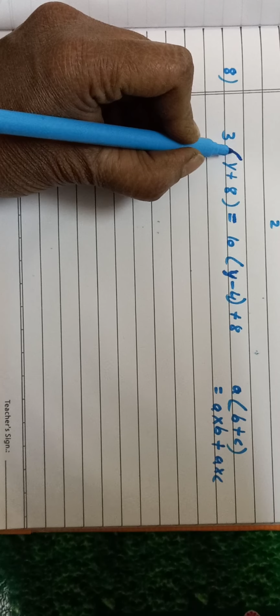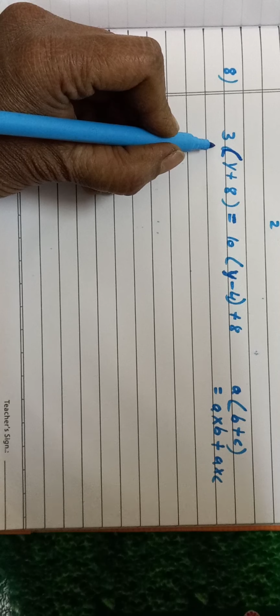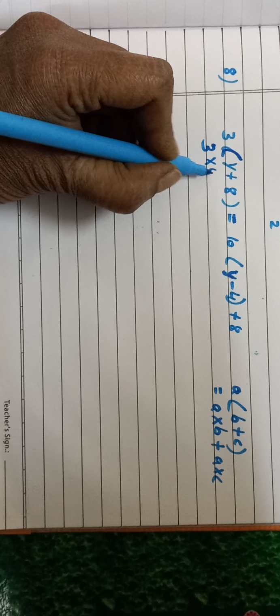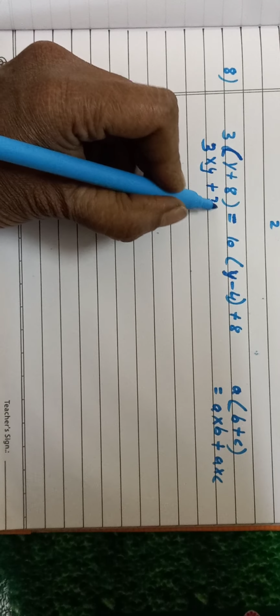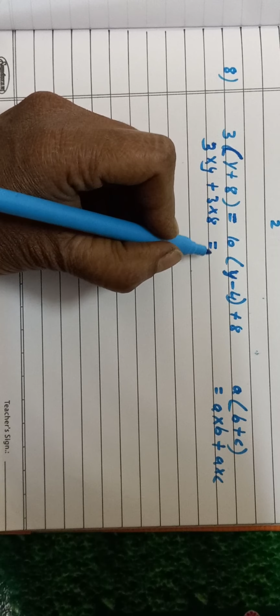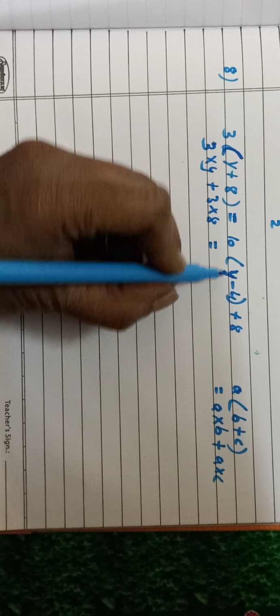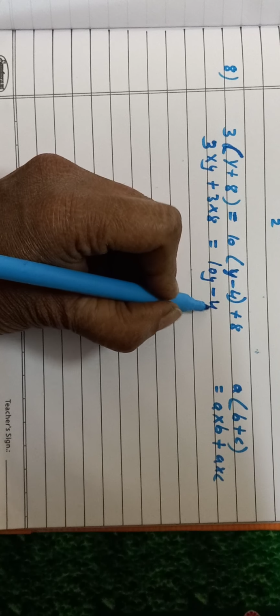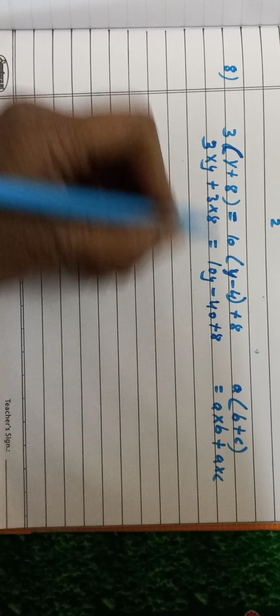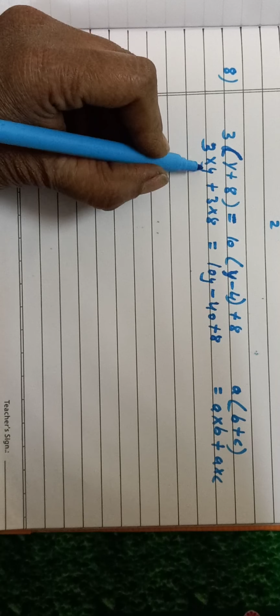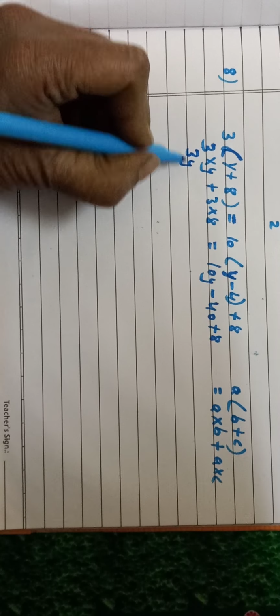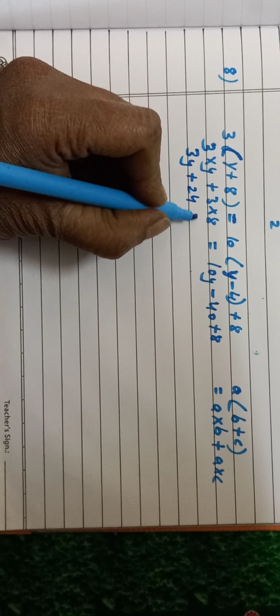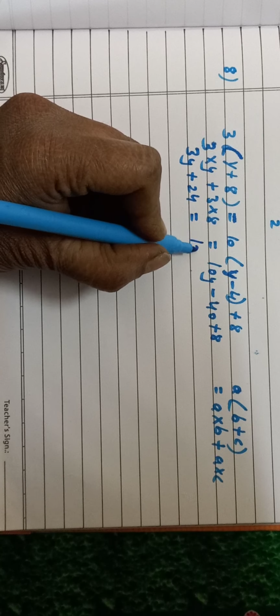So 3 into y plus 8 is 3 into y plus 3 into 8, which is equal to, now directly also you can write 10 into y, 10y minus 10 into 4, 40 plus 8. Like this also you can write 3 into y, 3y plus 24 is equal to 10y.